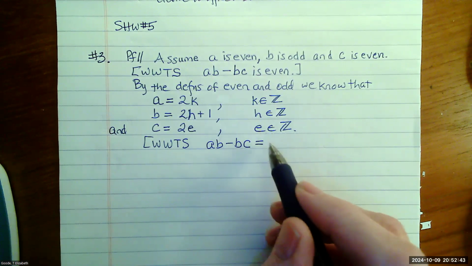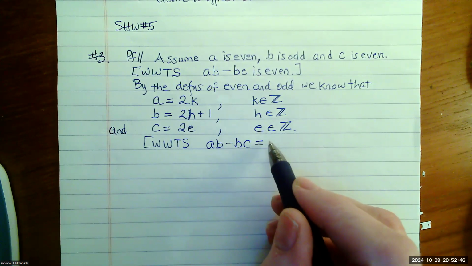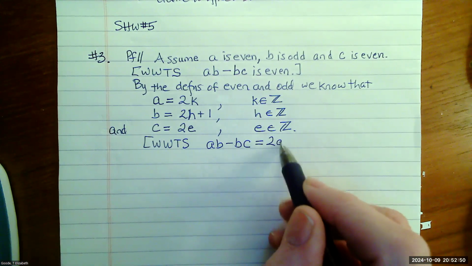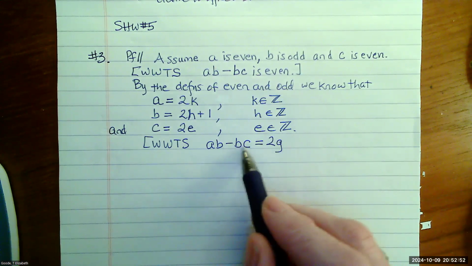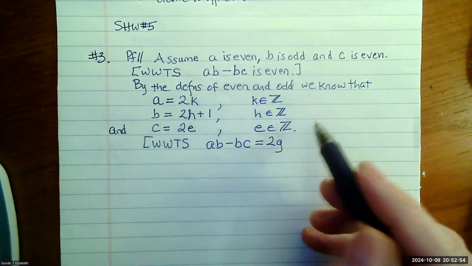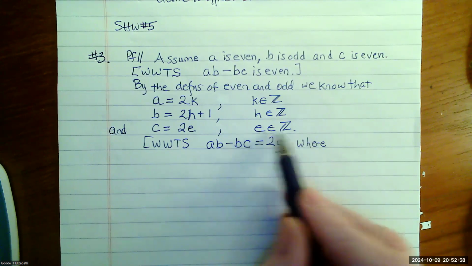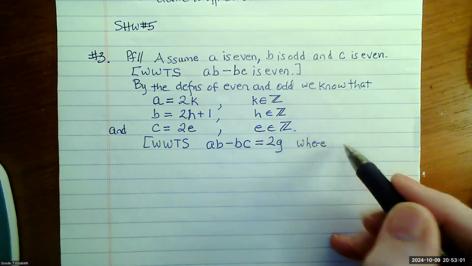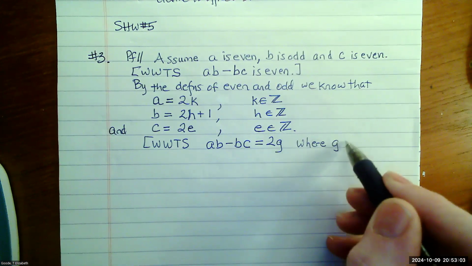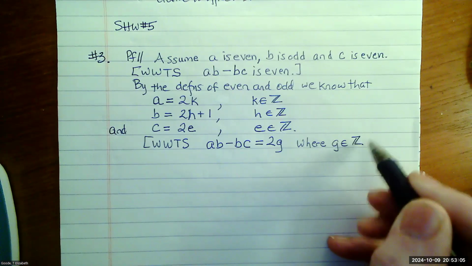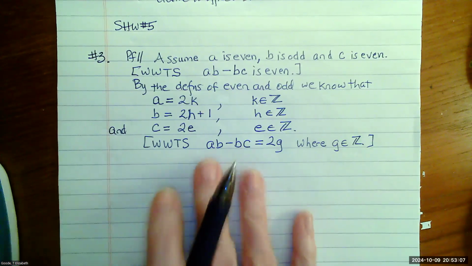Let's do 2G, where we got to say something about G. G is an integer. Excellent. Perfect. So you're all set up.